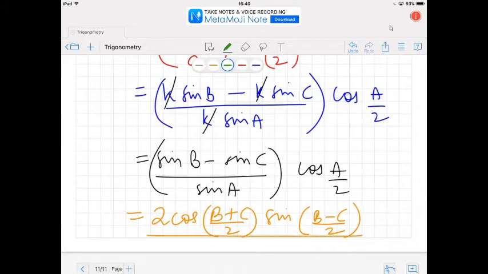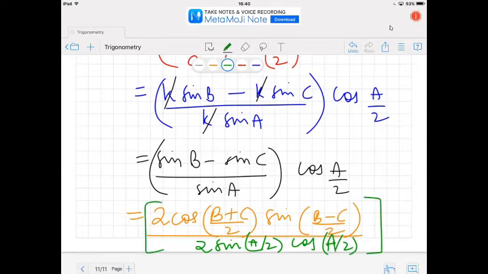So sine A, I can write it as 2 sine A by 2 into cos of A by 2. And this entire thing is multiplied by cos A by 2.